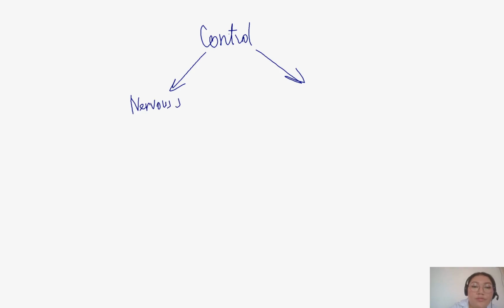Actually, if we consider the control for our body to maintain homeostasis, we have two different systems. They are connected to each other tightly. I will show it to you right now. We have the nervous system and we have the endocrine system.